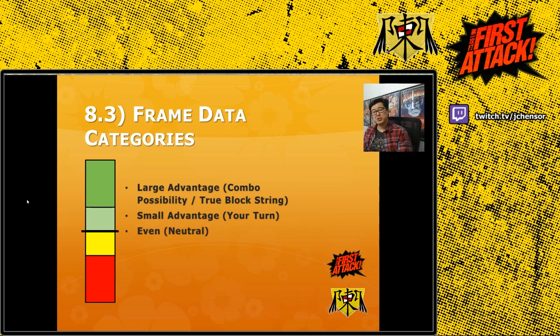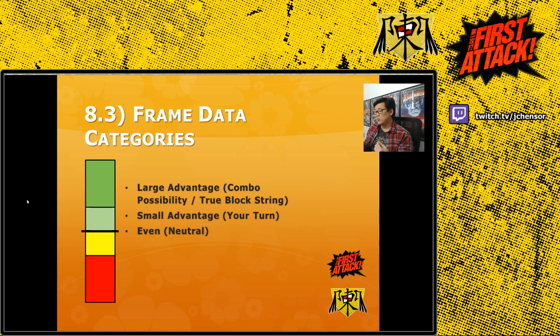Now, sometimes if you get hit by something or block something, you're 0 on block, 0 on hit, and if you are 0, both of you are at neutral. I talked about neutral before: neutral is about neither player having an advantage at all.